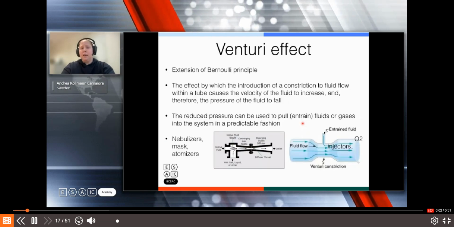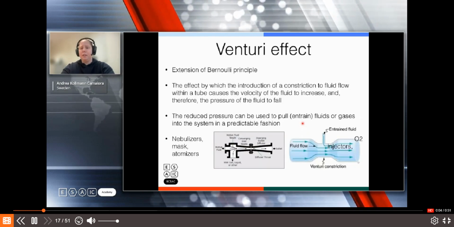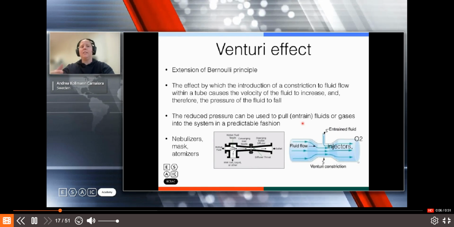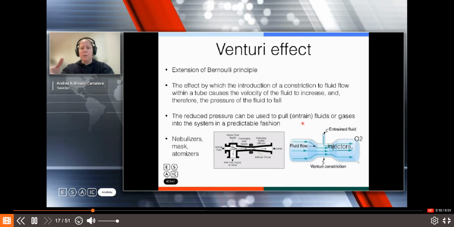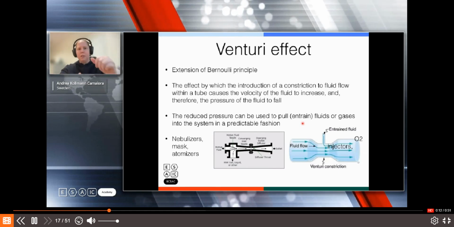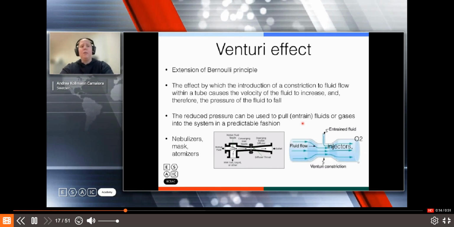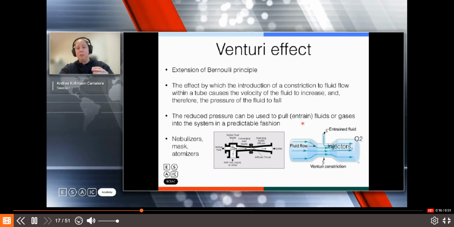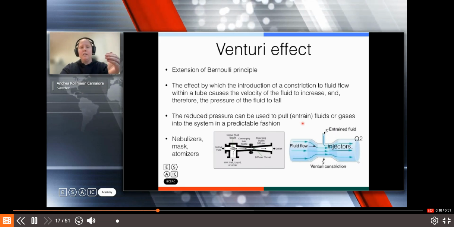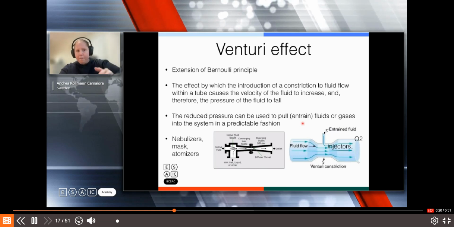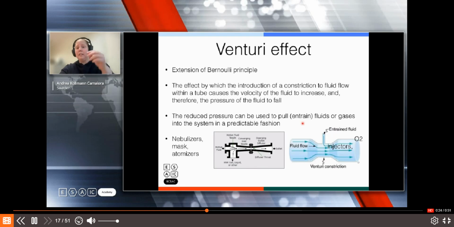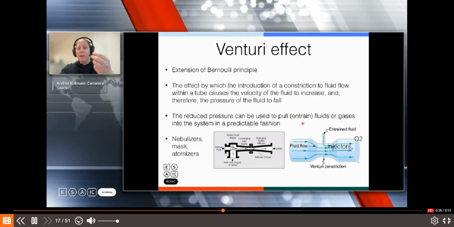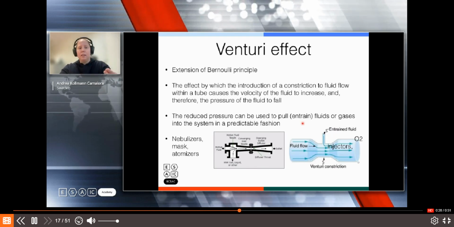And what are some applications of this? For example, you have the Venturi effect, which is an extension of the Bernoulli principle. It is the effect by which the introduction of a constriction, which you make on purpose, to the fluid flow within a tube causes the velocity to increase and the pressure to fall. And you can use this reduction in pressure to entrain whatever you want, fluid or gases, into the system.